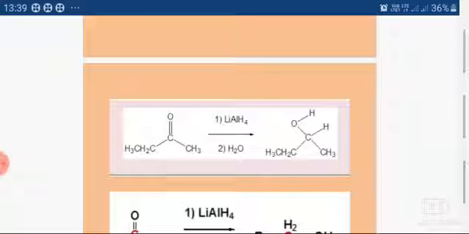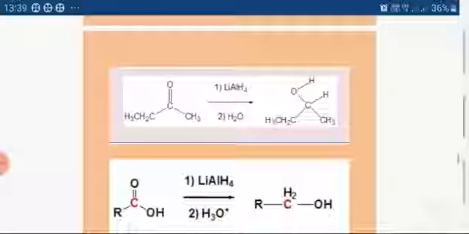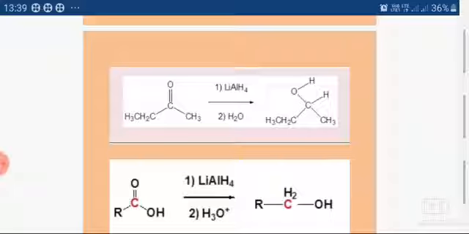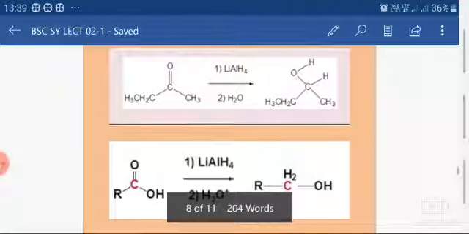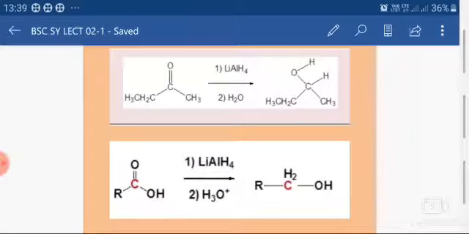It means two hydrogen atoms are added. So when 2-butanone undergoes reduction with lithium aluminum hydride, it gives 2-butanol. This is the first reaction. For your convenience, I have taken two to three examples.